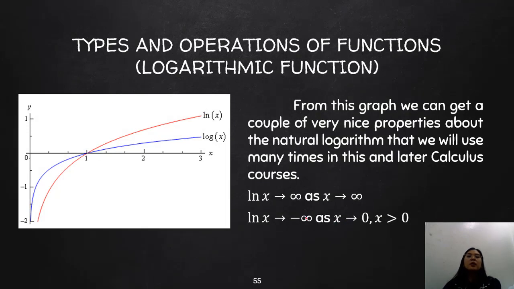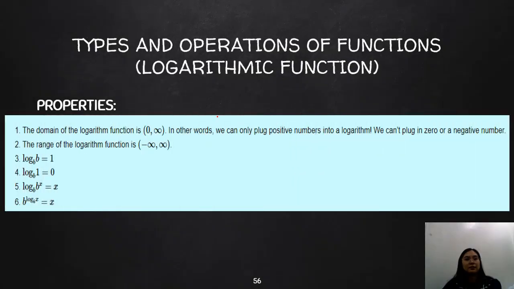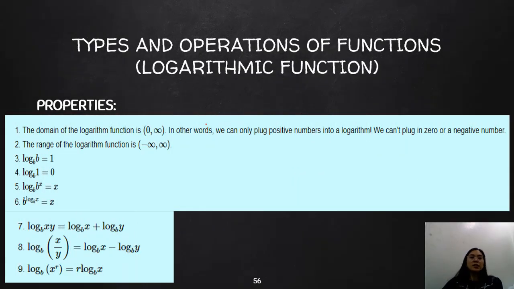Ibig sabihin lang, pag yung x mo lumalapit sa 0, yung ln of x mo mag-approach siya sa negative infinity. And kung yung x value mo is nag-approach siya sa infinity, so it's approaching to the right, yung ln of x value mo is mag-approach din siya sa right. So these are just some properties of your logarithmic function. Parang halos pareho din lang naman siya dun sa exponential function.